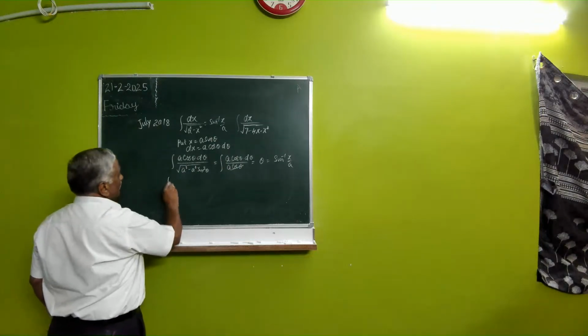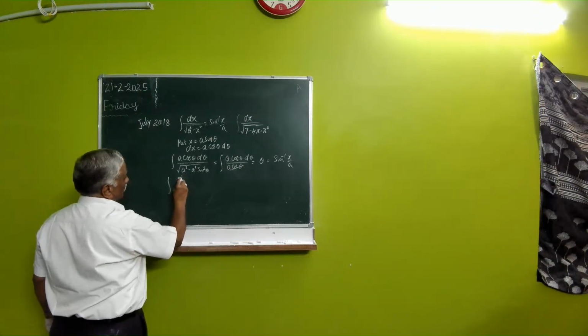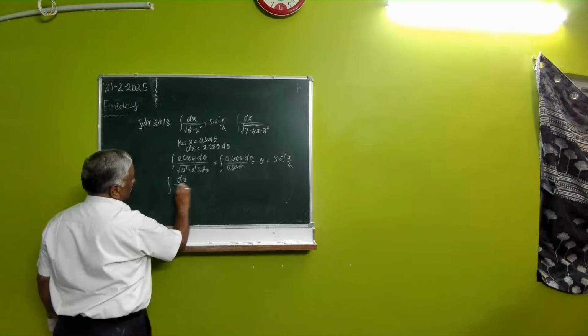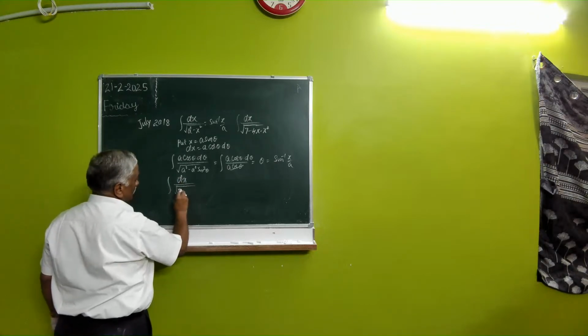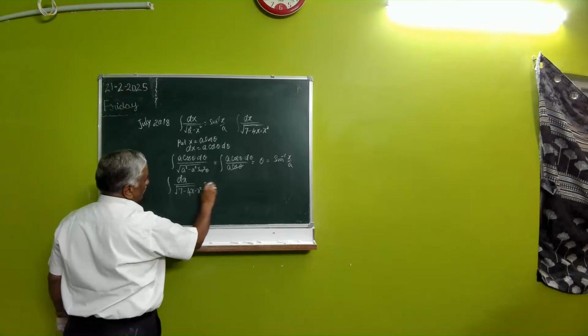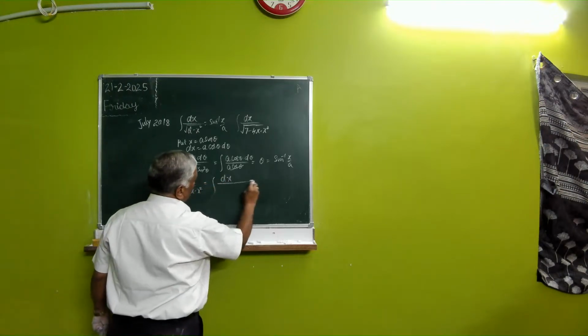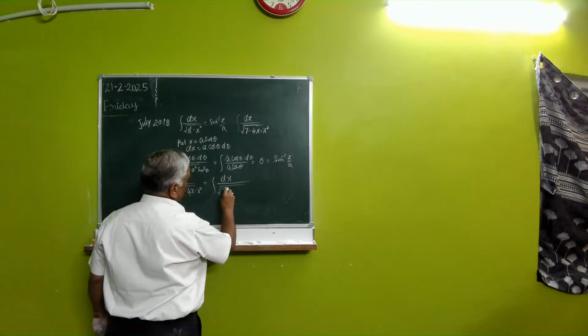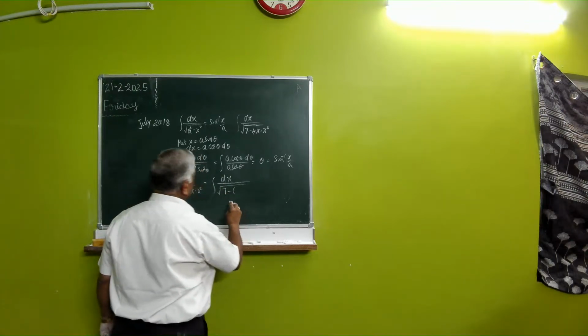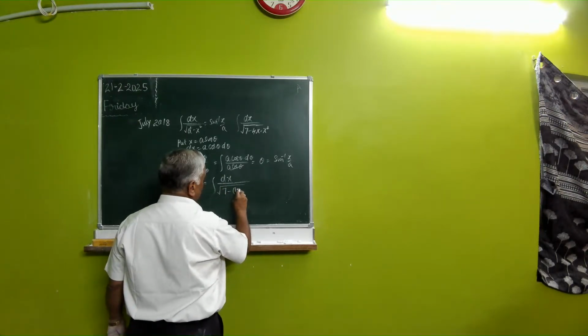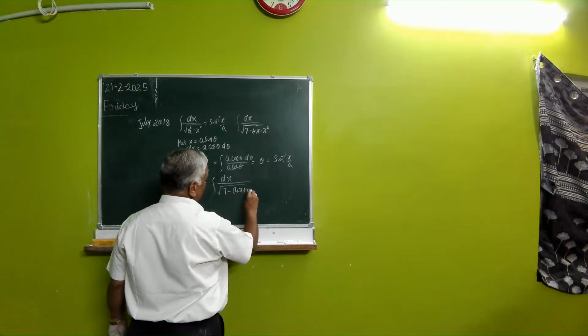Now what is the problem given? dx over root of 7 minus 4x minus x square. You can write this as dx over root of 7 minus 4x plus x square.